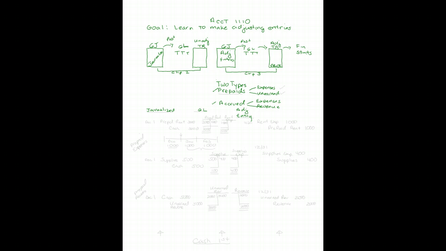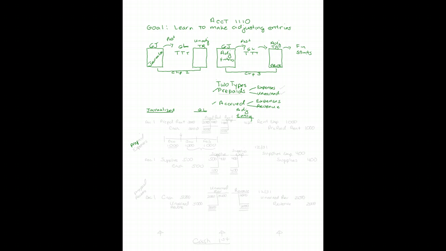By doing this, you'll see what we did originally during the course of the month, what it looked like in the general ledger before we made the adjustments, the adjusting entry, then I'll go back and post that in the general ledger so you'll see what it looks like after. And we'll start then by working on the prepaid items.